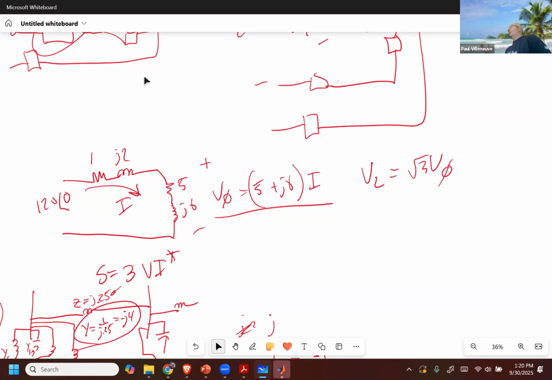I already knew the line voltage was 208, but the load voltage I did not know, so I wanted to calculate that. And it's going to be quite a bit less than 208 because the load is 5 plus J6. That's not that much bigger than 1 plus J2, right? So you're going to get a pretty significant voltage drop across the line. Does that answer your question?